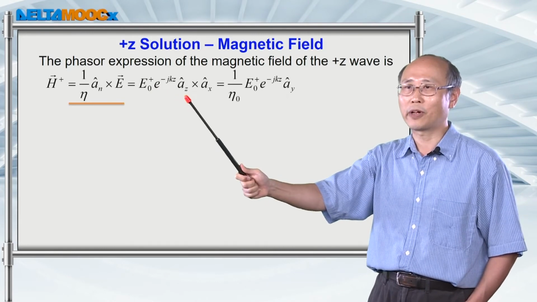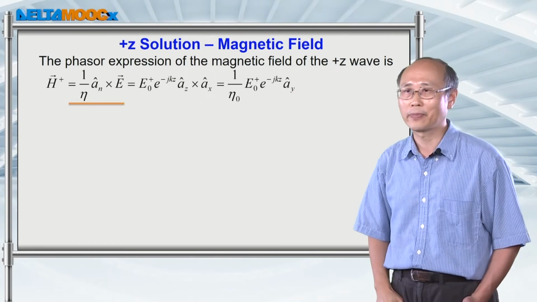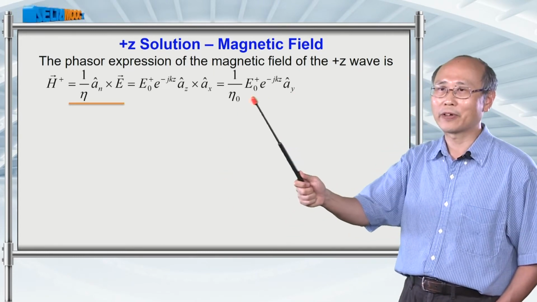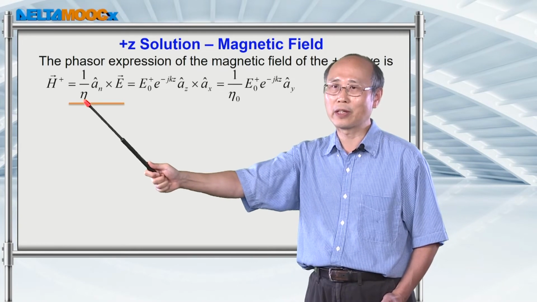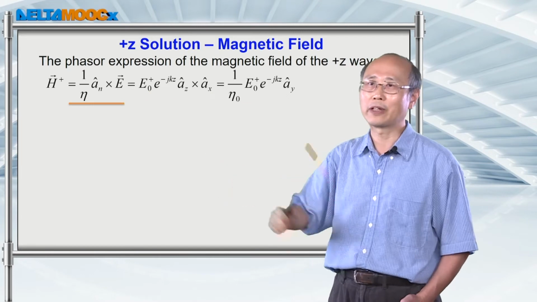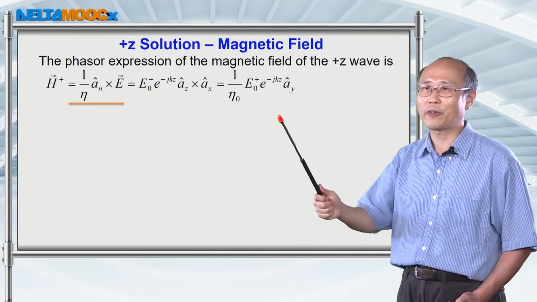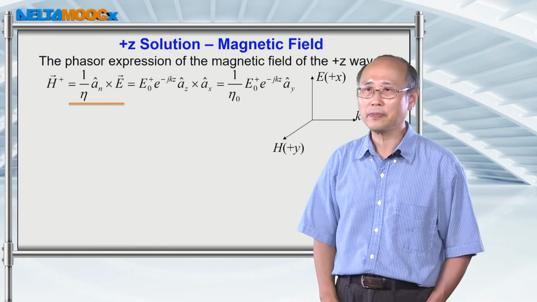So this cross product is going to give you a unit vector along y direction, and the magnitude of it is going to be equal to 1 over intrinsic impedance multiplying with the amplitude of the electric field. So this is the final result for the phasor of the magnetic field.